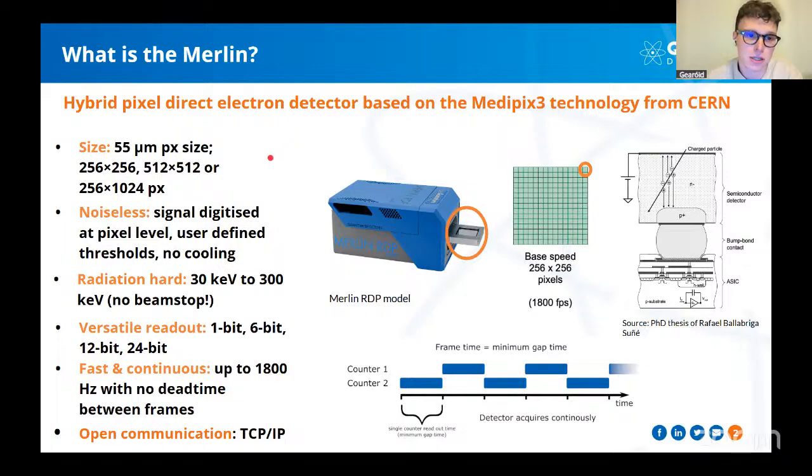The Medipix3 sensors also offer noiseless readout, which of course provides high quality data for a number of different applications, including electron crystallography and 4D STEM. These detectors are also radiation hard for electrons up to 300 keV, which means that we can obtain diffraction data from intense high energy electron beams indefinitely without the need for a beam stop.